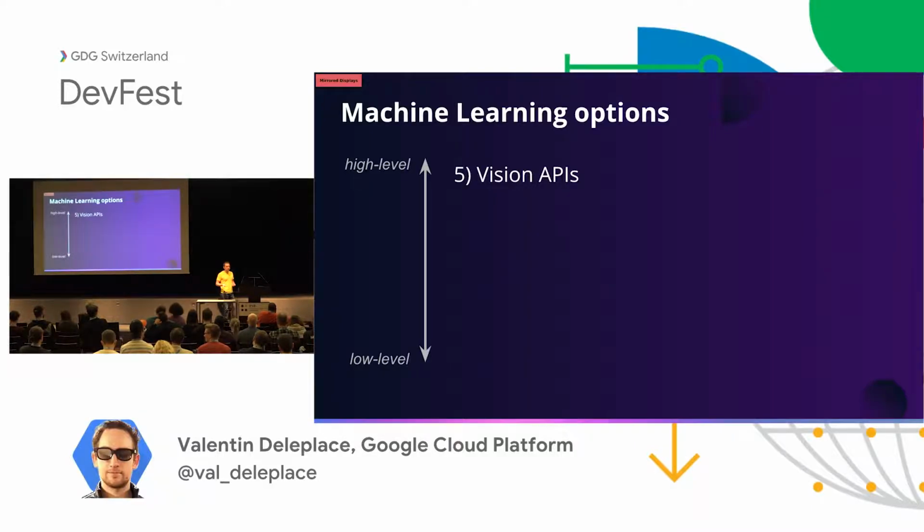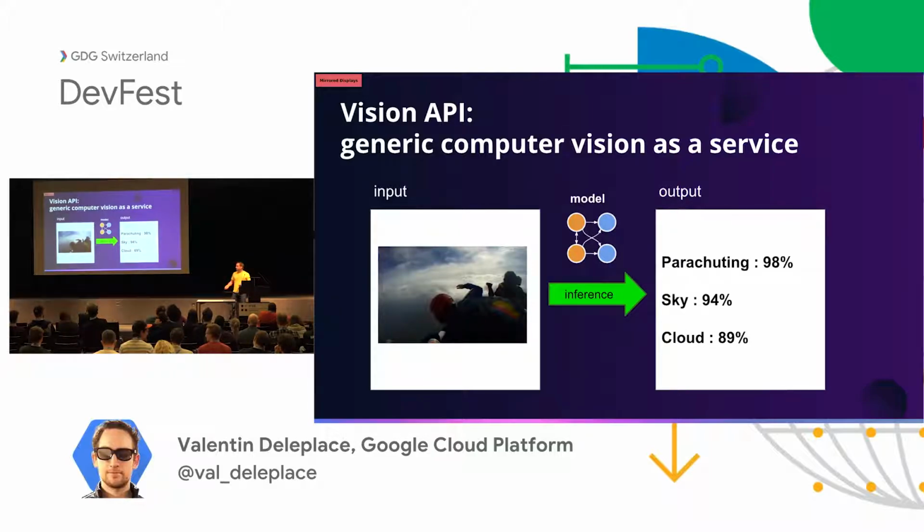But it's really generic. So if I give it a picture of myself doing parachuting, it will correctly infer that with a confidence of 98% it's parachuting. It sees some sky and it sees some cloud, which is technically correct.